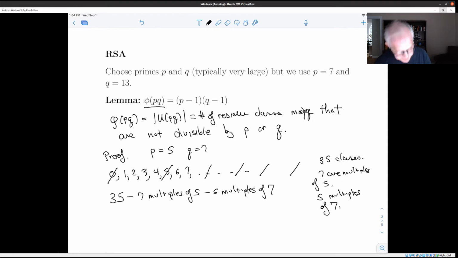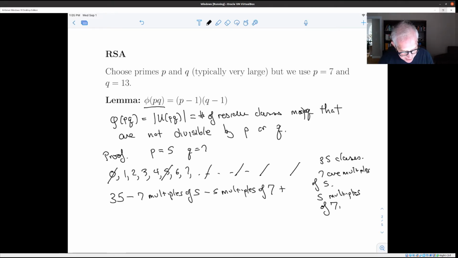But we have to be a little bit careful because we've double counted 0. 0 counts as both a multiple of 5 and a multiple of 7. So we don't really have 7 multiples of 5 and 5 multiples of 7. If we're counting how many actual numbers there are which are multiples of 5 or 7, we've counted 0 twice.